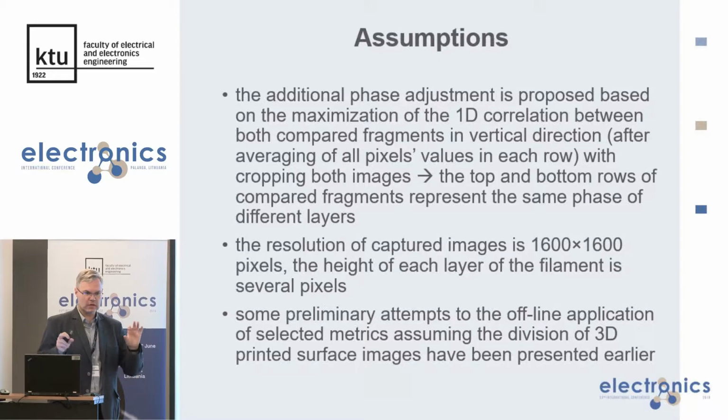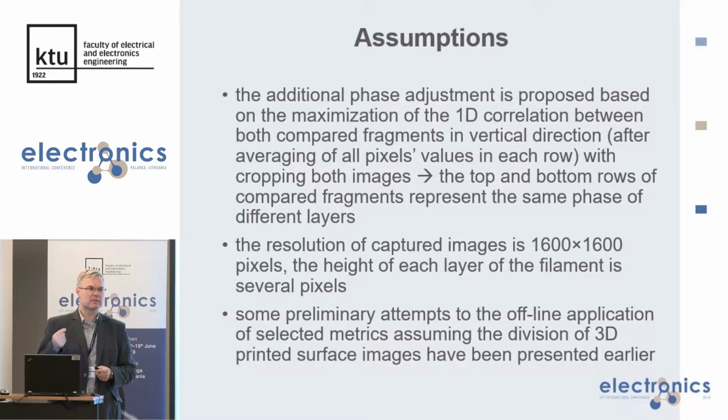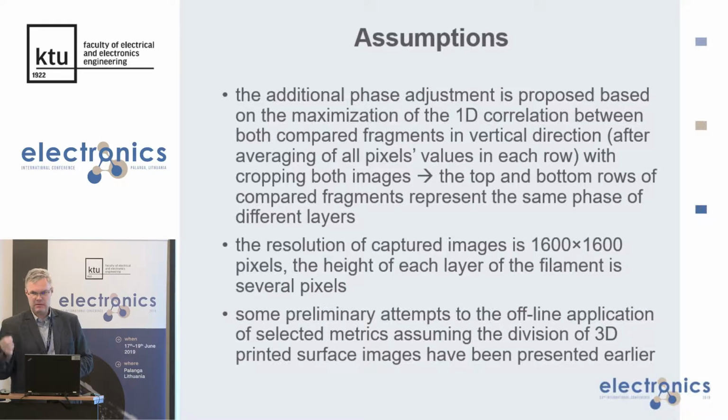Because if we have 2 fragments of an image, maybe not neighboring in the horizontal direction but in the vertical direction, and the first line of the first row of our part represents the darker part of the layer, and in the second part the brightest, the similarity will be low.